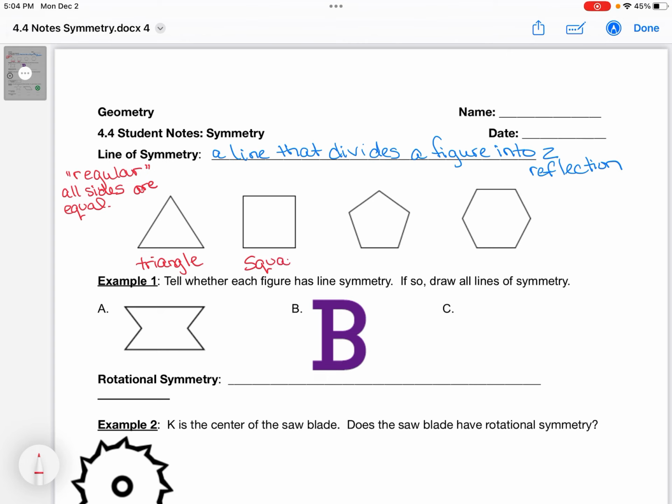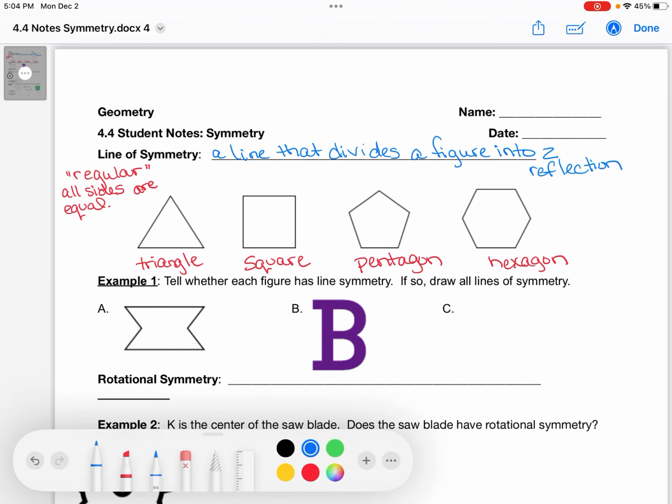A square is regular, all the sides are equal. A pentagon, this one is regular, all the sides are equal. And a hexagon, all the sides are equal. So if all the sides aren't equal, that changes how many lines of symmetry there are.